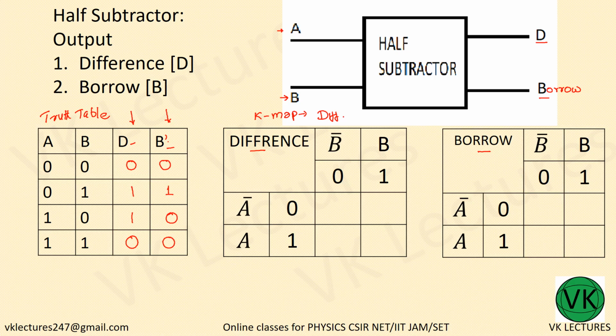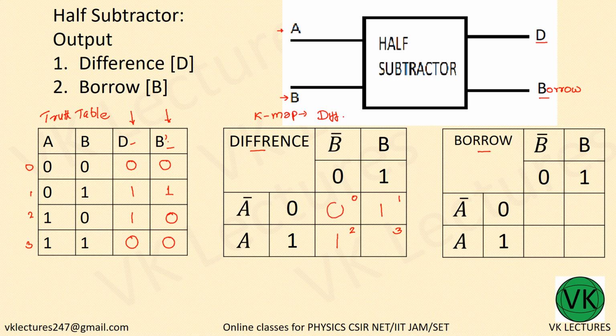So wherever there is 1, this is 0 0, 0 1, 1 1, 1 0, so this is 0 1 2 3, so difference 1 and 2.